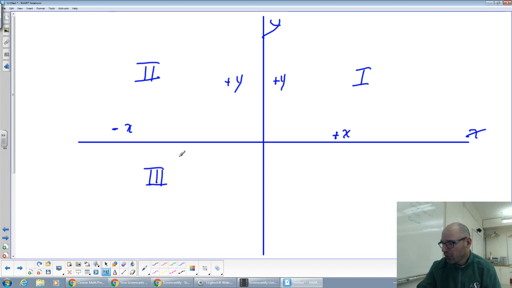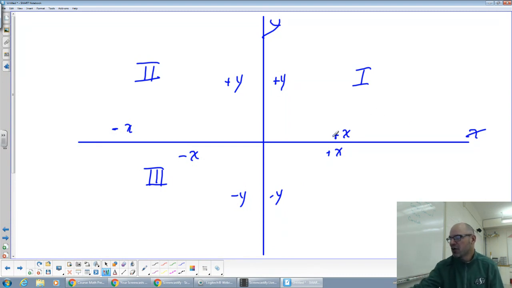X and y are both negative. Okay, and if you're not sure why, I'll just quickly say, y going down, that's negative, y going up, that's positive, x going to the left, that's negative, x going to the right, that's positive. So x is positive here, but y is negative.